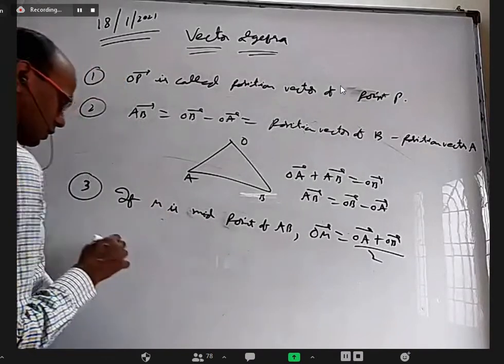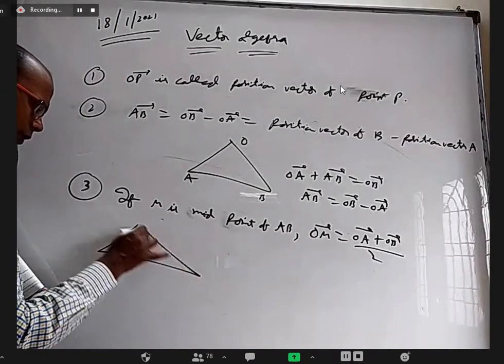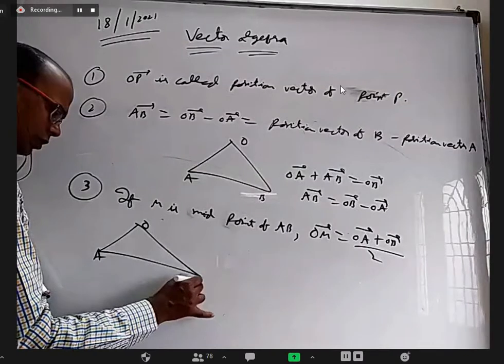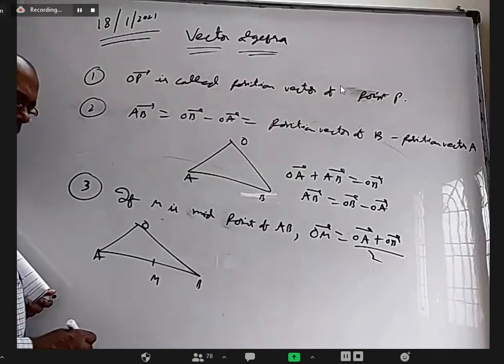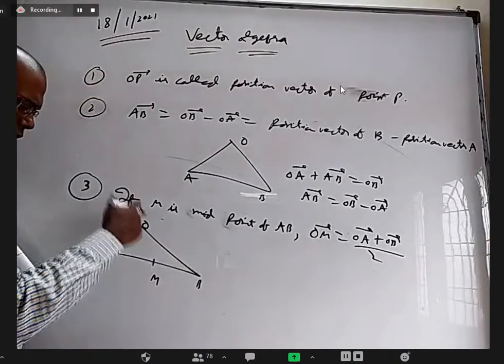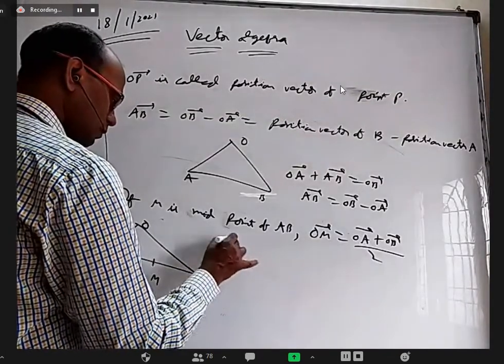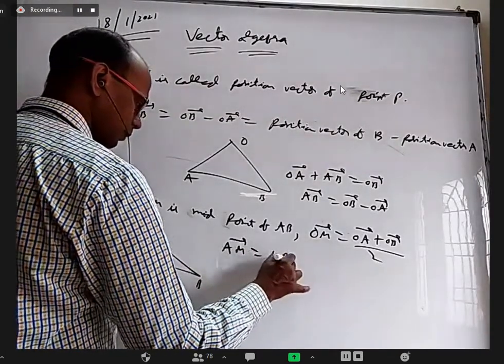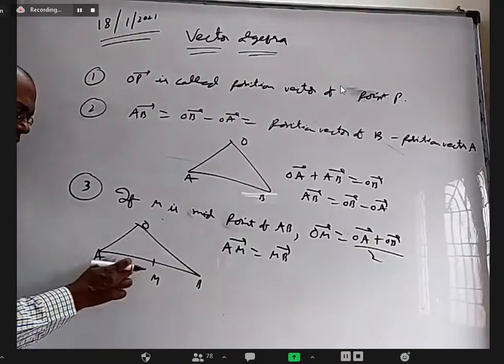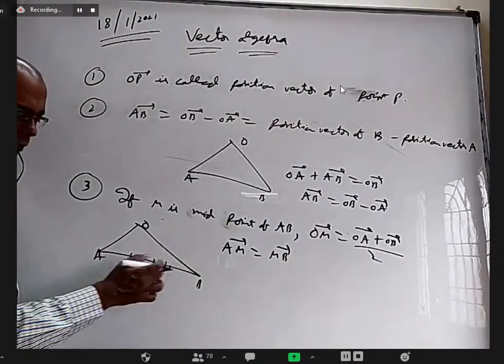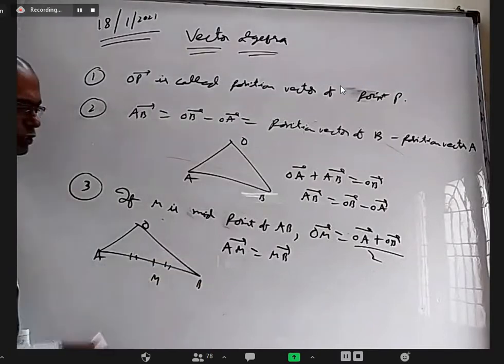How we have done this is, if this is O, this is A, this is B, this is M, I can draw the parallelogram and say half of the side, but I want to write it like this. AM bar is equal to MB bar. Why? Because M is the midpoint. So AM and MB have the same length and both have the same direction. So I can write this.